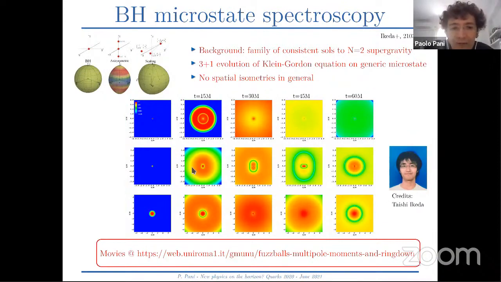Or in other cases, for these fuzzball solutions, in particular this axisymmetric case and this case that breaks even axial symmetry, you see two features. The first one is that they are deformed, so the spherical shape is deformed, but also that at very late times, you still have some ringdown. And maybe this is more evident.